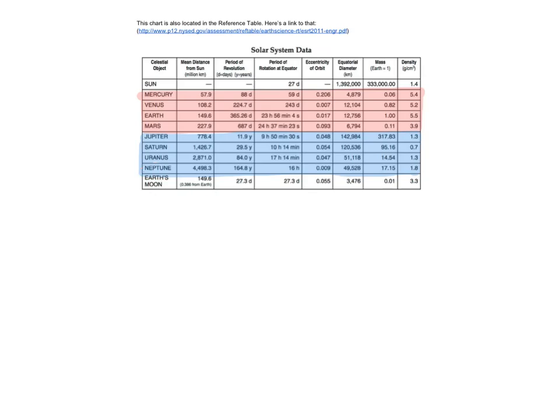And you can discern a lot of the trends that we talked about, like the distance from the sun and how that increases as we go towards the Jovian planets, the period of revolution also, the period of rotation, or how long it takes to spin around once, the eccentricity of the orbit, or how stretched out or oddly shaped the orbit is, the diameter, which is the size of the planet, the mass, which is how heavy, and the density, which is how compact the materials are on that planet.